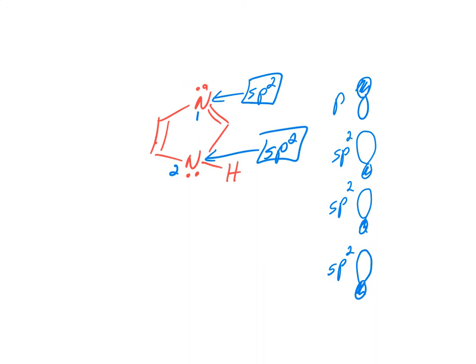So this lone pair on nitrogen 1 is in an sp2 orbital. How did I know that? This nitrogen's sp2 hybridized. Look at its bonds. It has a sigma and a pi bond. If you have a pi bond, you must have what? A p orbital.